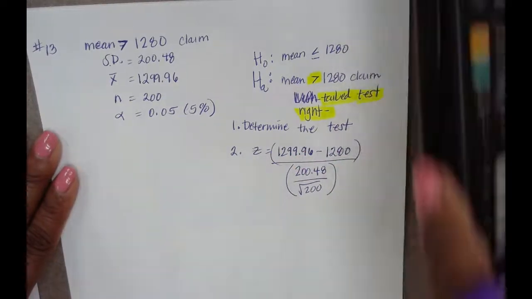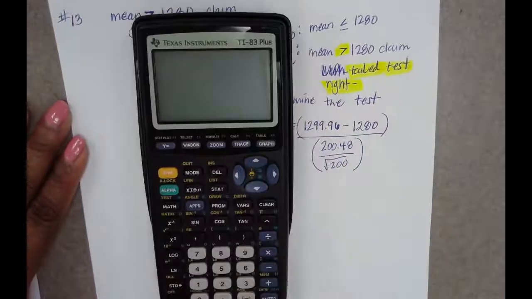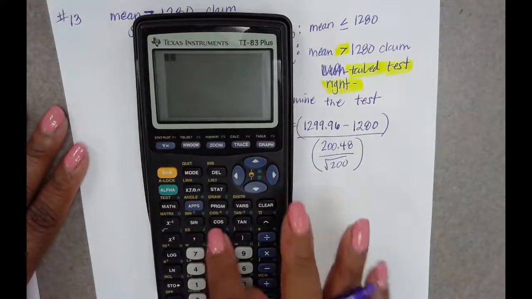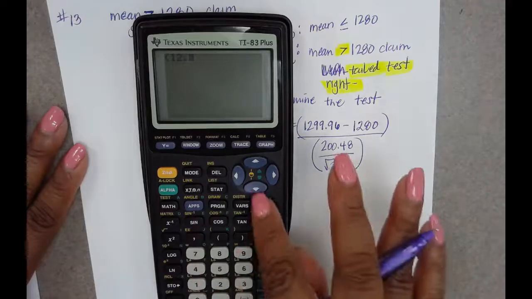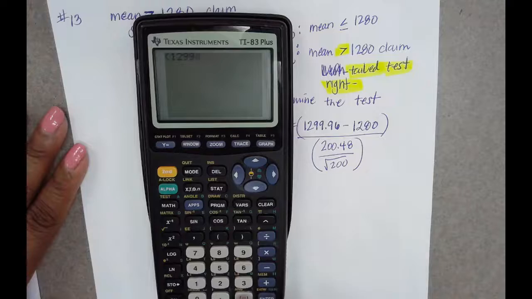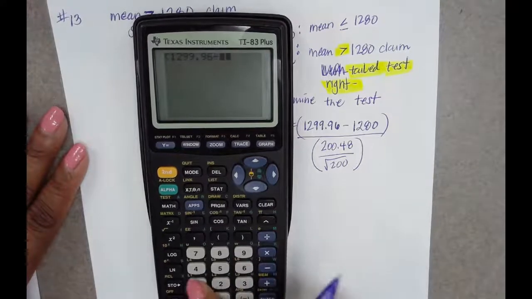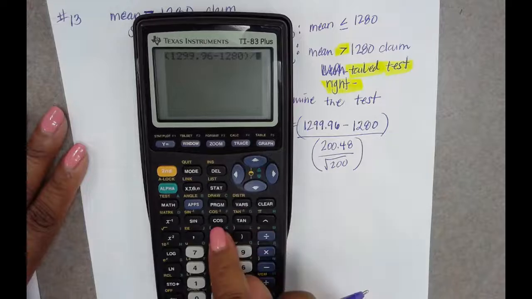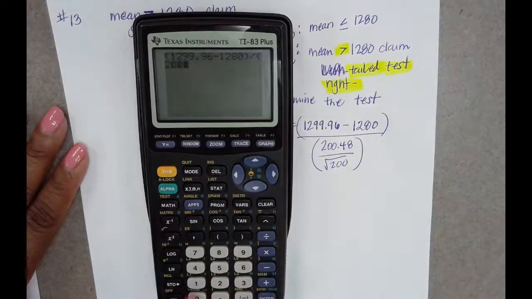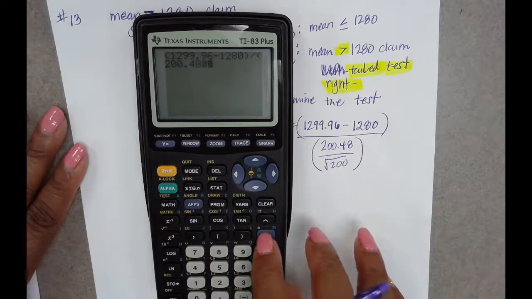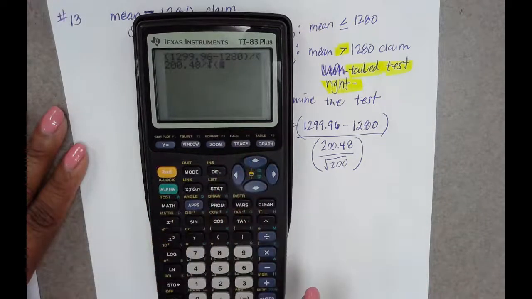Okay, let's go to our calculator. 1,299.96 minus 1280 divided by 200.48 divided by the square root of 200.